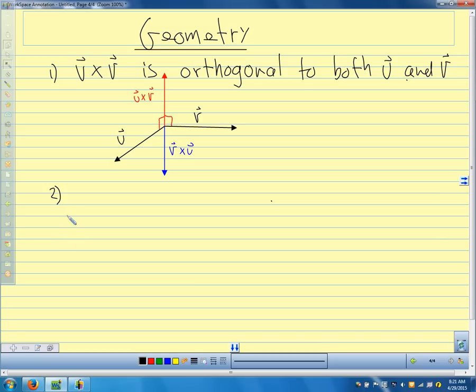All right. Next property. The magnitude of U cross V equals the magnitude of U times the magnitude of V times sine of theta, where theta is the angle between them. So let's draw a picture here.